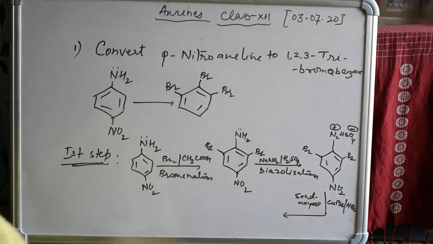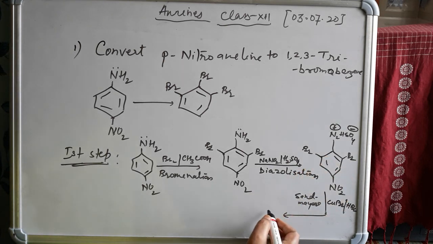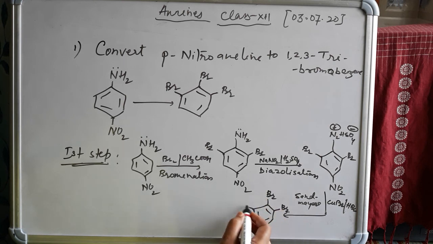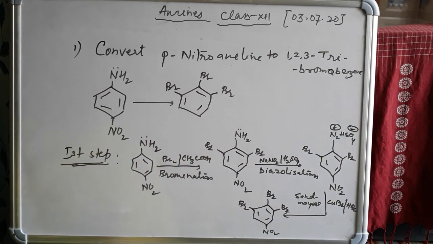So when Sandmeyer's reaction is applicable on this compound, here bromine comes, here bromine is already present, and here is the NO2. At last, we remove this group so we can obtain our desired product.